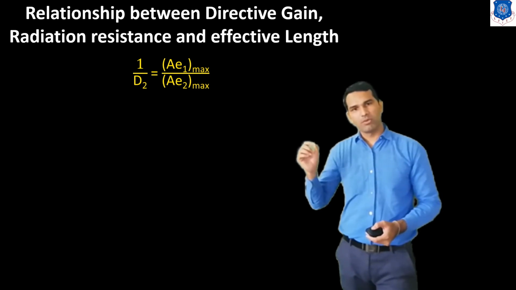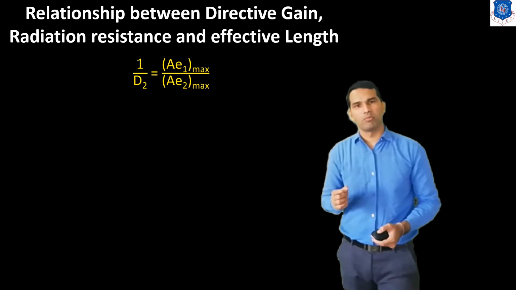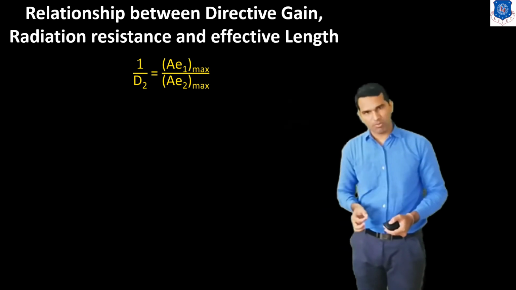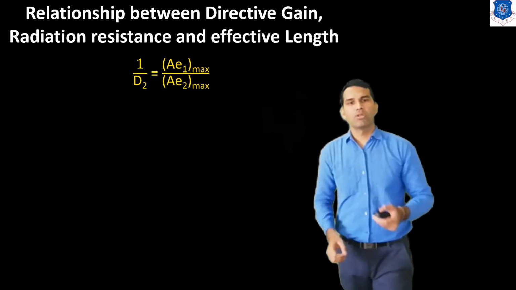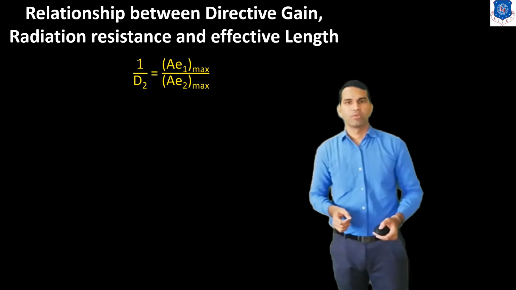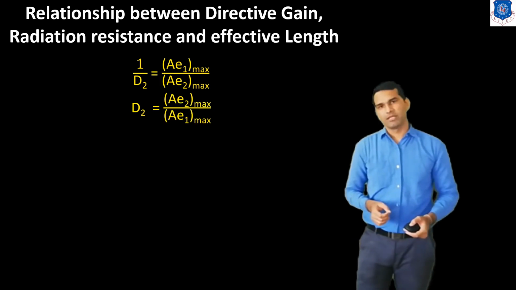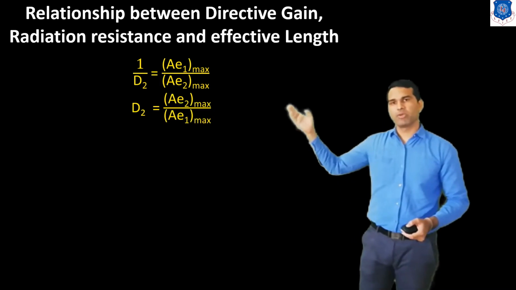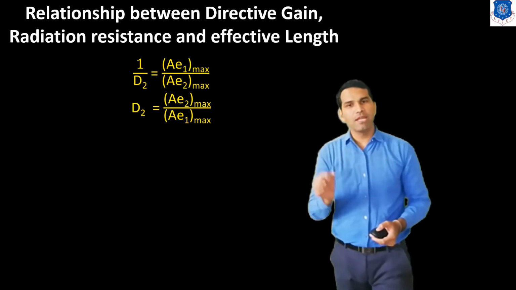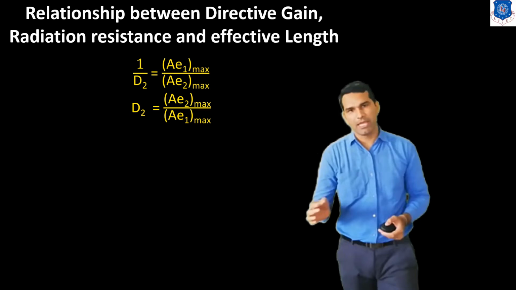Instead of D1 we write 1 because we consider antenna 1 to be the isotropic antenna, and the directivity of the isotropic antenna is 1. So we rearrange this equation and get D2 is equal to AE2 maximum upon AE1 maximum.